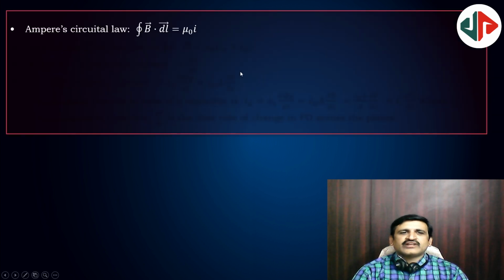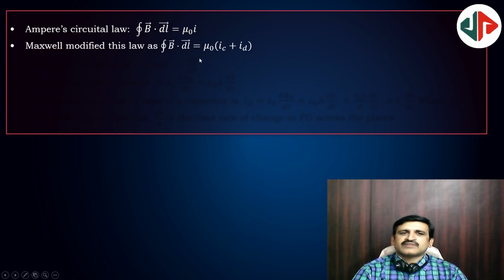Ampere circuital law is the line integral of B dot dl for a closed path equal to mu naught times the current I. This is definitely true where a current is flowing, but in certain cases where there is no direct current, only variation of magnetic field or electric field will be there. That also resembles some current.